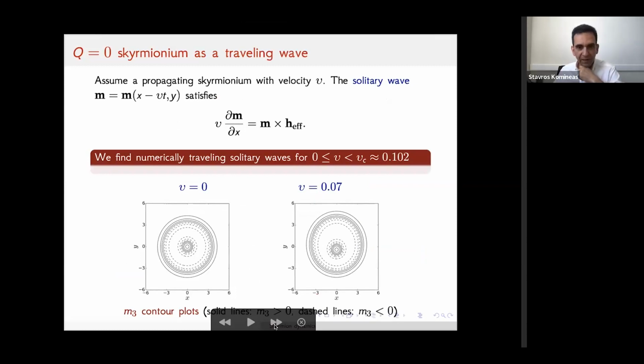Now, I am almost out of time. I have two more pages here to discuss more precisely the description of this propagating skyrmionium.